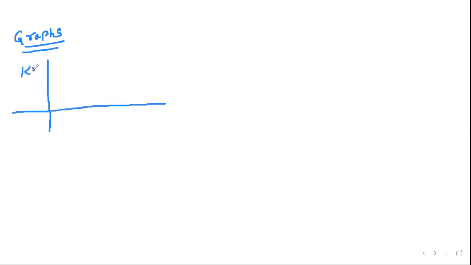Now, whatever explanations we have given here, usually in competitive exams they may ask in terms of graphs. Suppose I consider the graph between the kinetic energy versus the frequency. What will happen?